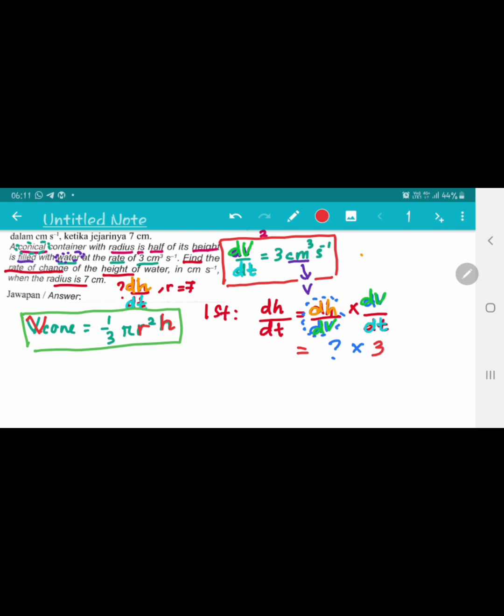As I said, kalau kita nak buat differentiation, kita tak boleh ada two variables. Here you have r and another one is h, two variables, so we cannot do differentiation.